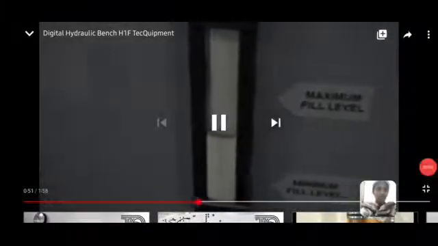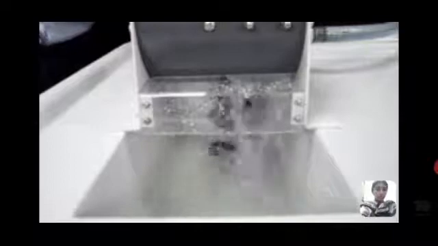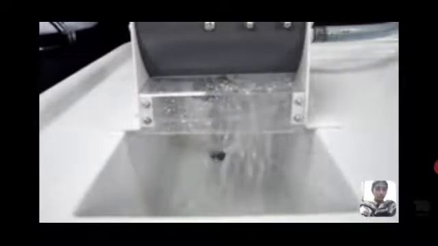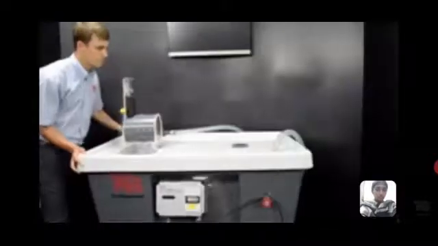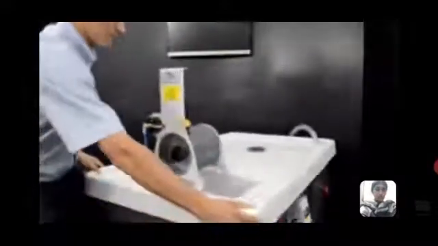Here you can see a gauge that shows the amount of water in the tank. A hand operated valve is used to control the flow rate of water. Here there is a reservoir so that the water can be filled and used whenever it is required. As we have seen, it is movable.